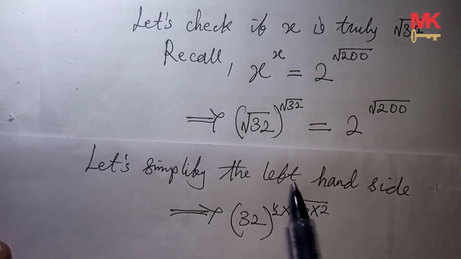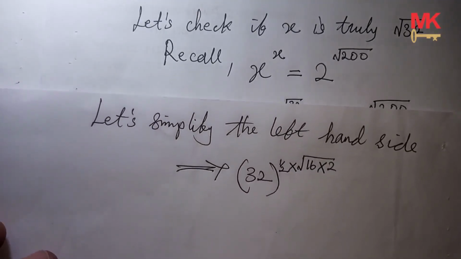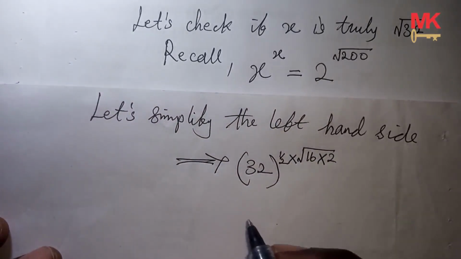So this half here is from this square root, and this root 32 is root 16 times 2.